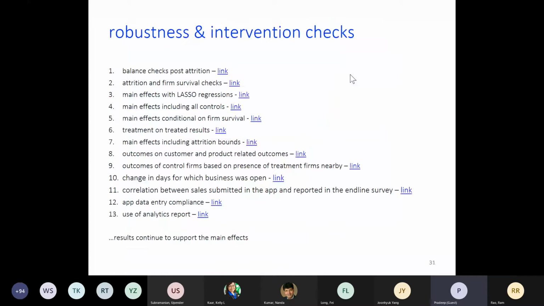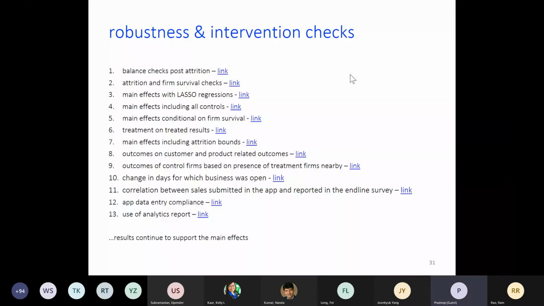Okay. Now we did a bunch of robustness checks. Obviously, whenever you run a randomized control field experiment, there are lots of questions that people might have about whether the results are robust to a bunch of different things. So I'm not going to go over all of these, but essentially what we checked was whether the sample was balanced, post attrition, at the end. I just showed you what the raw data was.